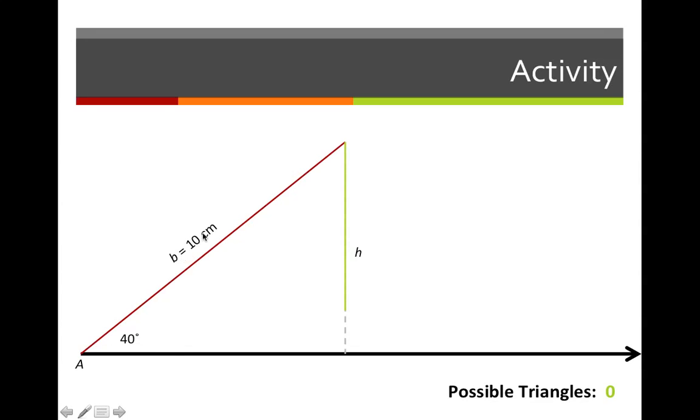Given this side is 10, this angle is a 40, and this green side is shorter than whatever your H value is, it is not possible to create a triangle with those measurements. So this is one scenario that can happen in the ambiguous case. If our A side is shorter than the H, that would be the value from here all the way down to here, then we know that we cannot get a triangle from those measurements. Okay?